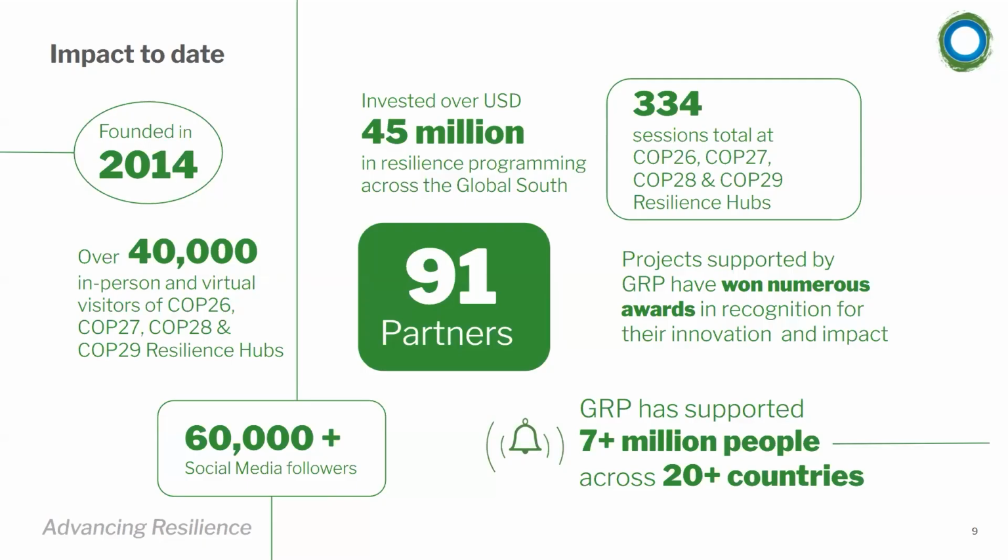So really no geographical limitation to what we do. You see some other numbers here of people that have been supported. The social media following we have, the platform, part of that is due to the Resilience Hub I mentioned, and part of that is just because people follow the GRP channels. So it's a good platform to be highlighted and so on if you work in this space.